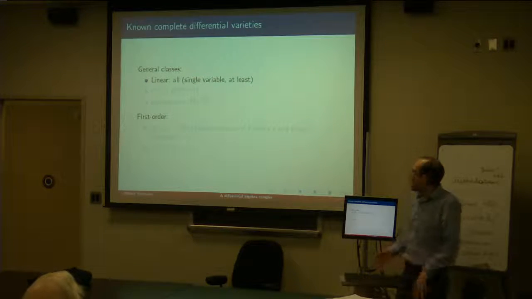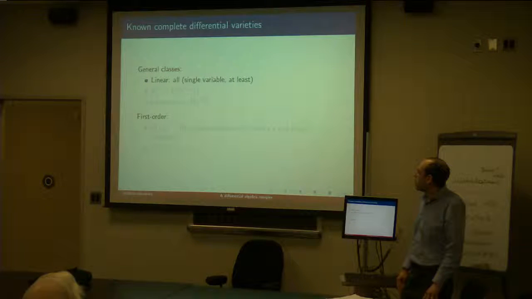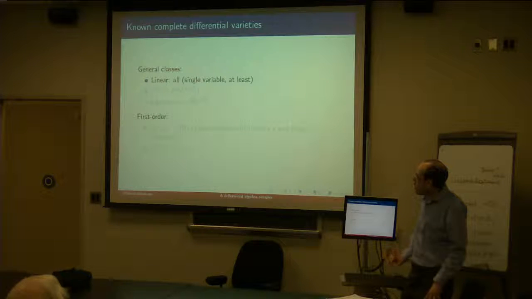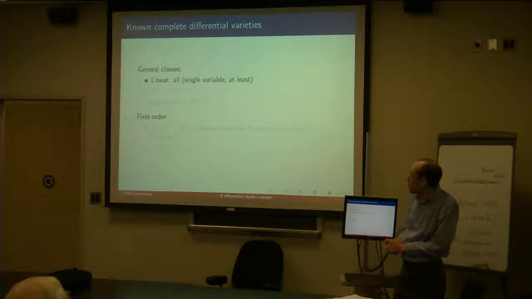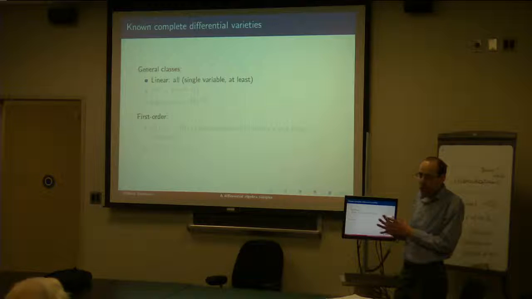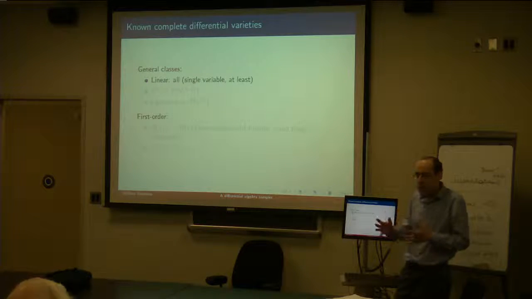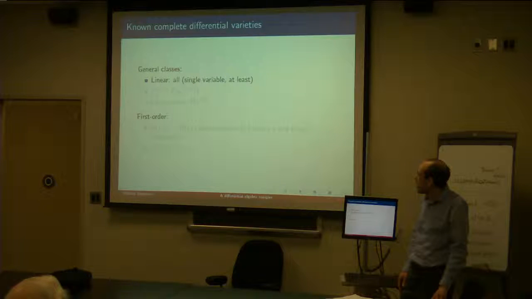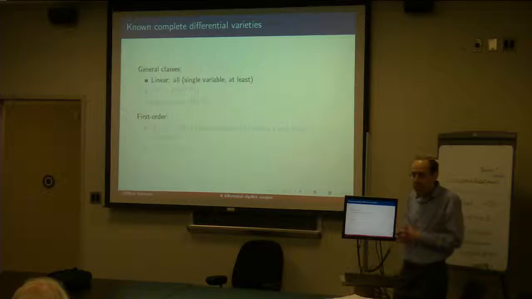So I want to go over a list of known complete differential varieties, and say a little bit more about what's not on here. In general, what I have here is a few general classes and some grab bags that just amount to cases that I was able to identify. And you'll see when we talk about the method for confirming completeness why it looks maybe a little scattershot.